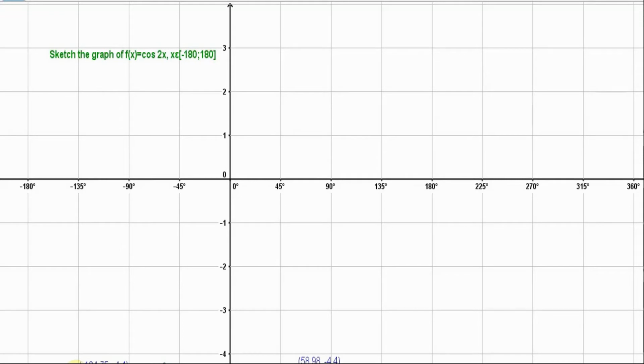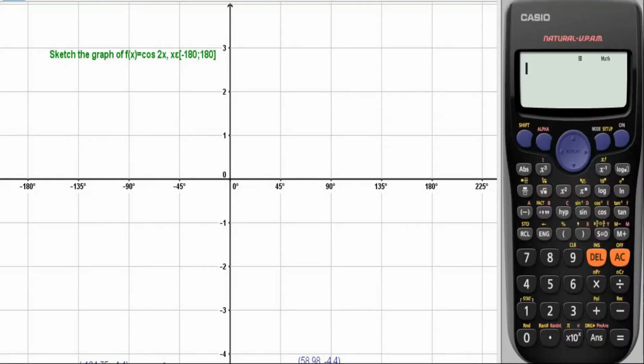So let us look at another question. F of x equal to cos 2x. Again, the interval is minus 180 to 180. Now, let us take our calculator. Here is our calculator. So, nothing is there. So, we start with our mode table.